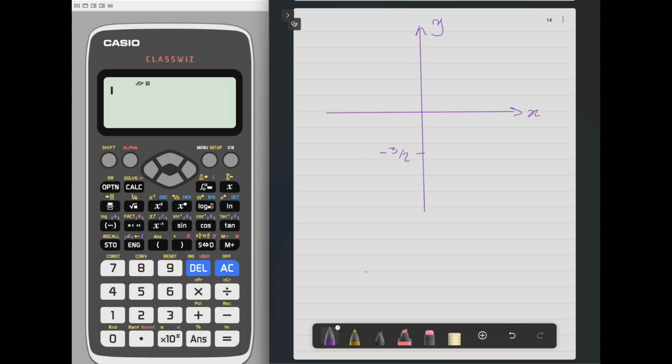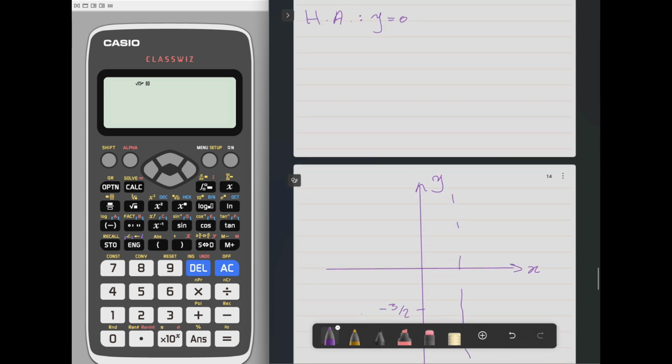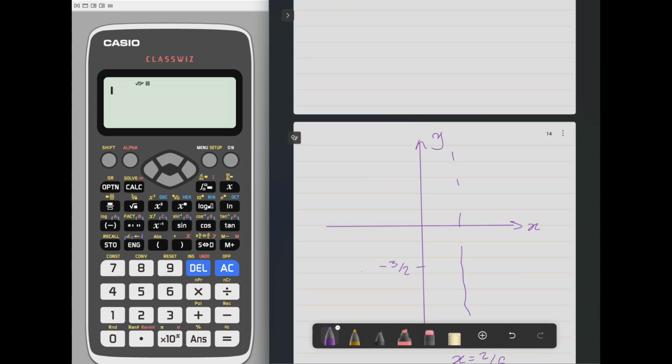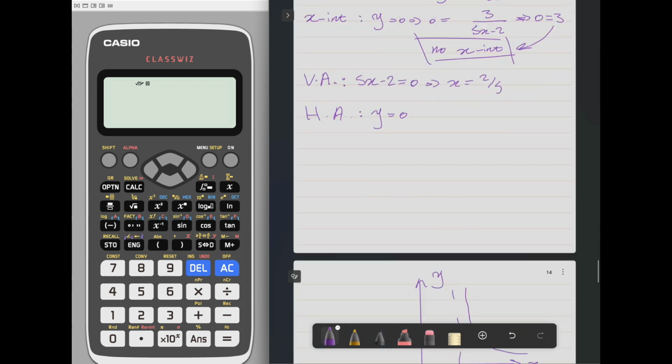And I have my vertical asymptote at x is equal to 2 over 5, right? So my basic graph is this one, right? So I'll sketch my graph here and here. See, this is it. This is the sketch for part B.